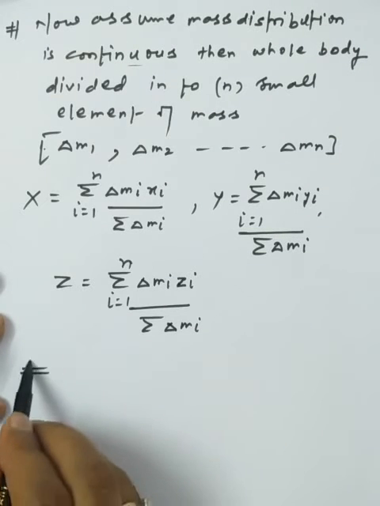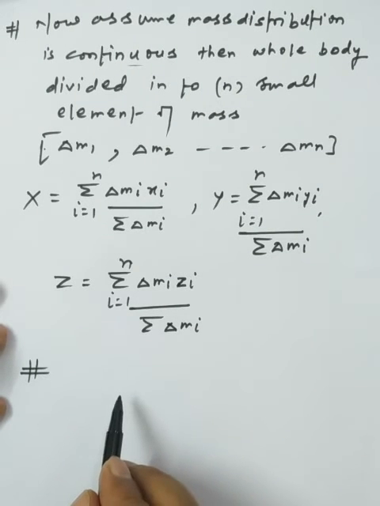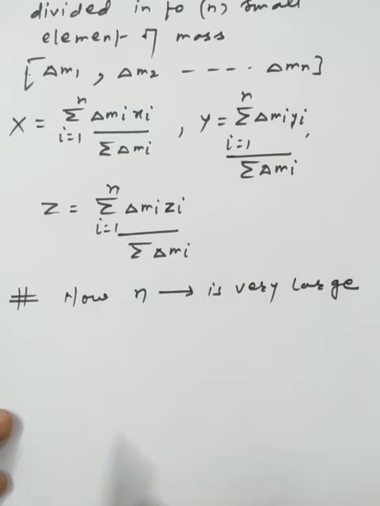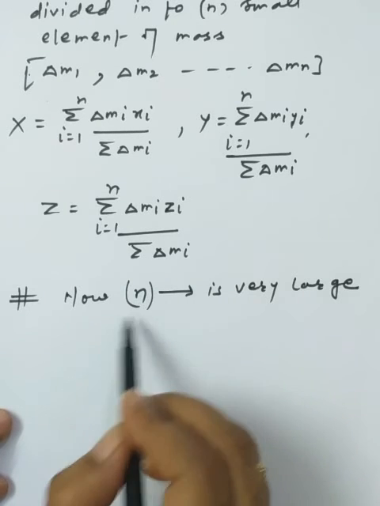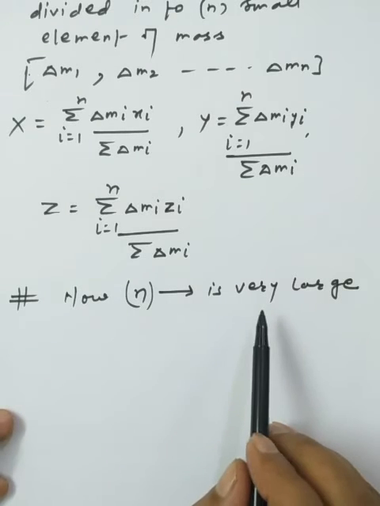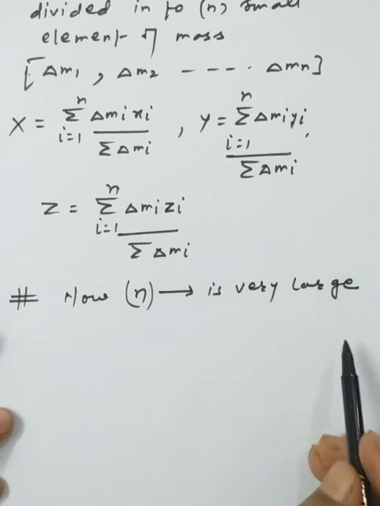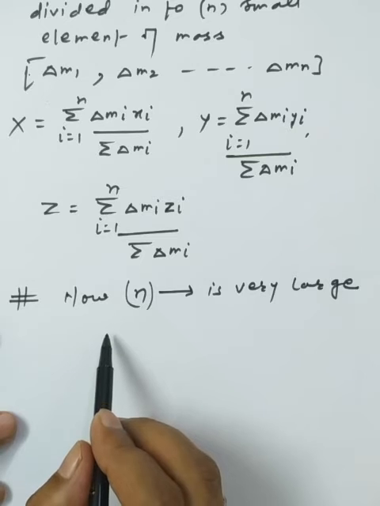Now we are further assuming the situation that n, the number of small masses, is very large, so we replace the summation by the integral.